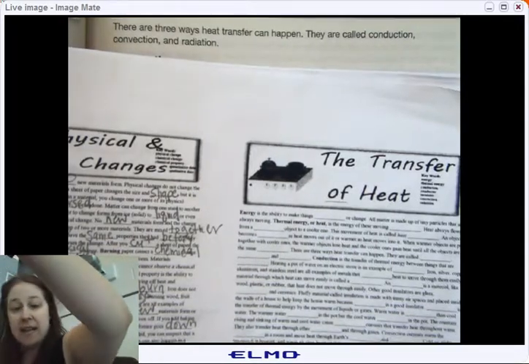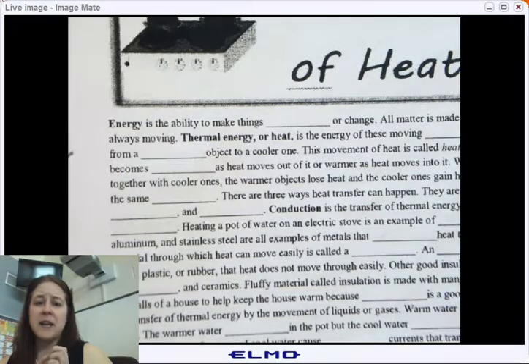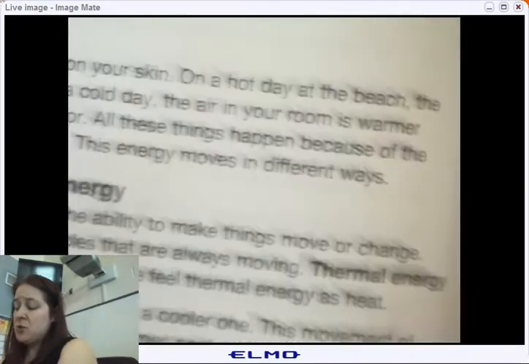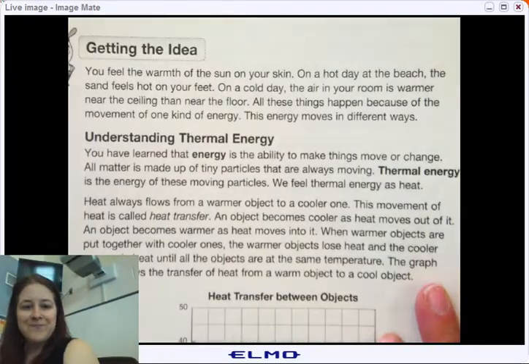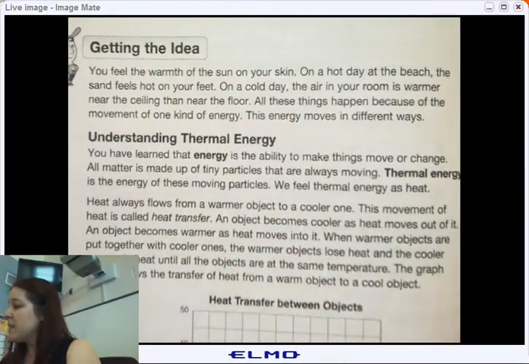So let's see if we can answer any of these questions here. Energy is the ability to make things blank or change. Look at that first line, understanding thermal energy. You've learned that energy is the ability to make things move.